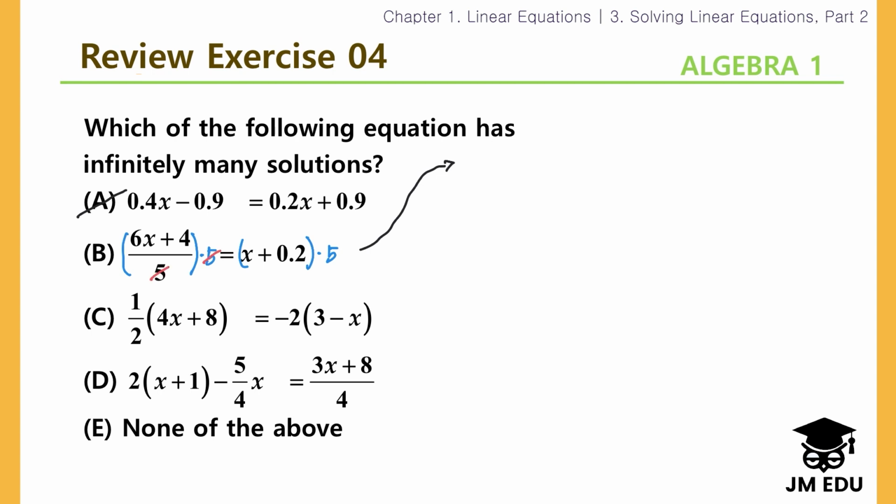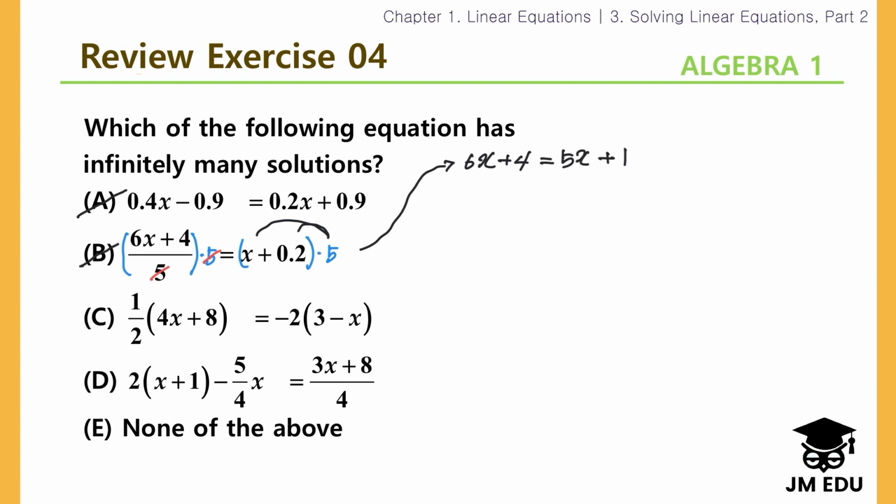So on the left hand side, we have 6x plus 4. Right hand side, 5 times x, that's 5x. 5 times 0.2, that's 1, right? So they're different. Different x terms, different constants. So B is not the answer.